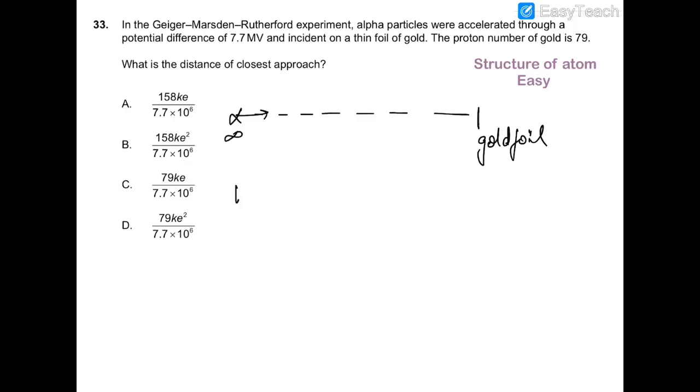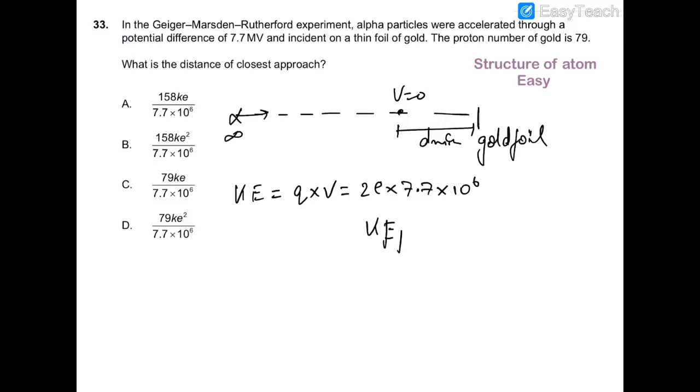Okay, so the kinetic energy of the alpha particles will be Q into V, and Q is 2e and V is 7.7 times 10 raised to power 6 volts. This kinetic energy finally becomes zero because at the closest approach distance it would stop, d minimum. So final kinetic energy is zero, initial potential is 0 and final potential is plus k into 2e into 79e divided by d minimum.